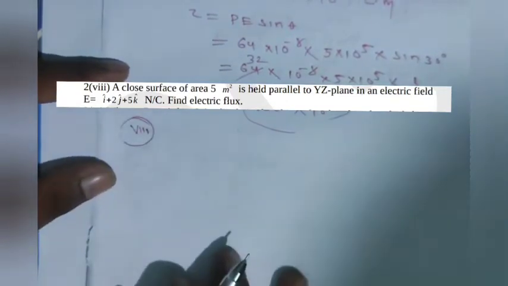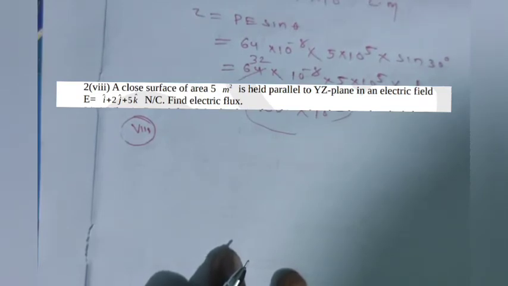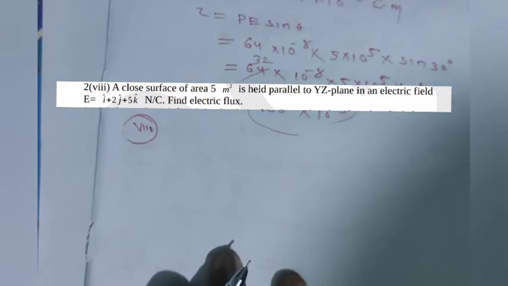B3I. So what was the question? The question was, a closed surface of area 5 meter square is held parallel to the YZ plane in an electric field i cap plus 2j cap plus 5k cap Newton per coulomb, then find the electric flux.